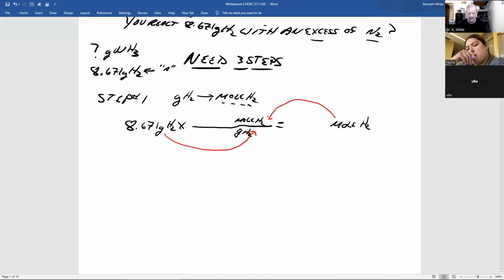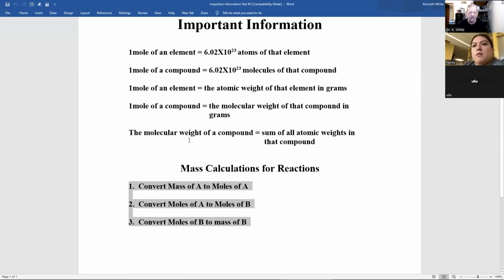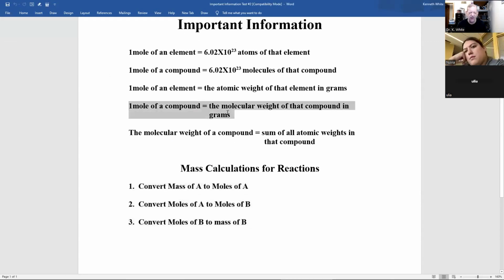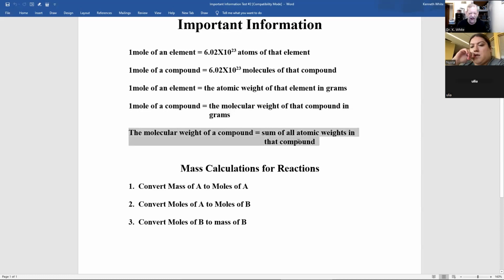Good question. If you go to important information, test number 2, you'll see 1 mole of a compound equals the molecular weight of that compound in grams, and the molecular weight is the sum of all atomic weights, which makes me say, I better open up my periodic table.